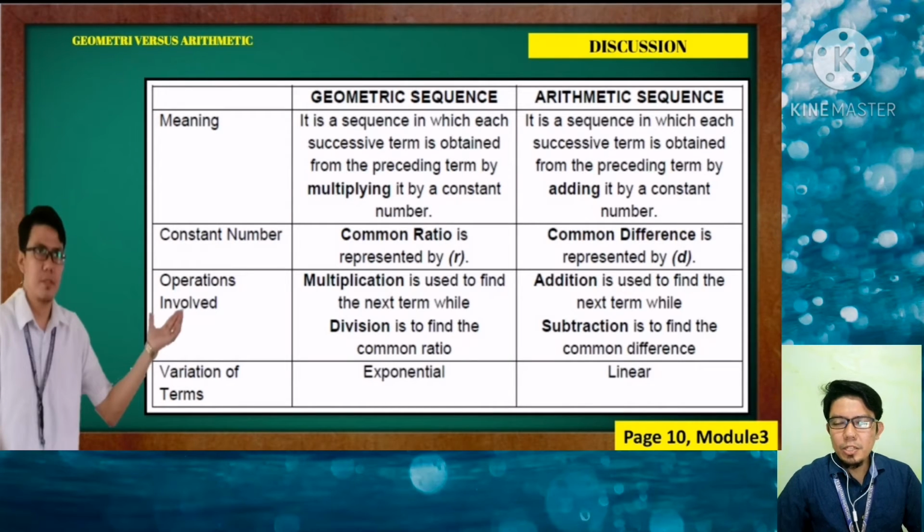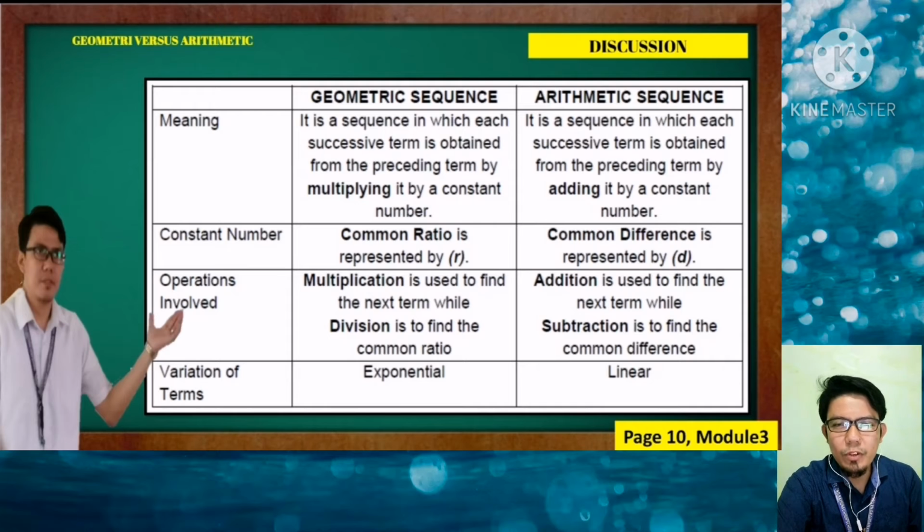Now, on page 10 of your modules, you will see the difference between geometric and arithmetic sequence. For the definition, an arithmetic sequence is a sequence in which each successive term is obtained from the preceding term by adding a constant term.